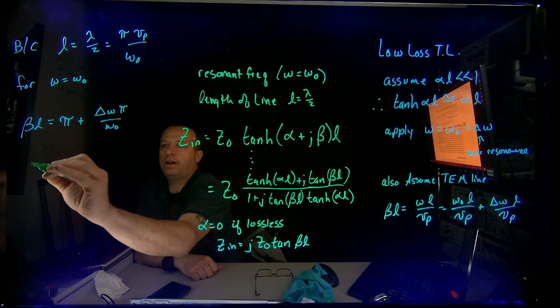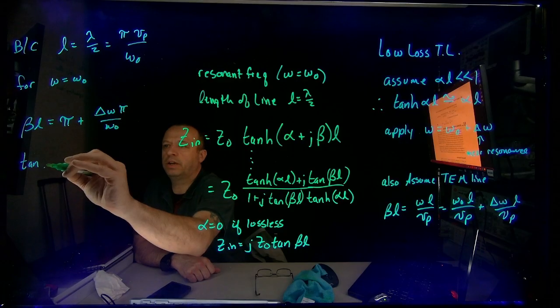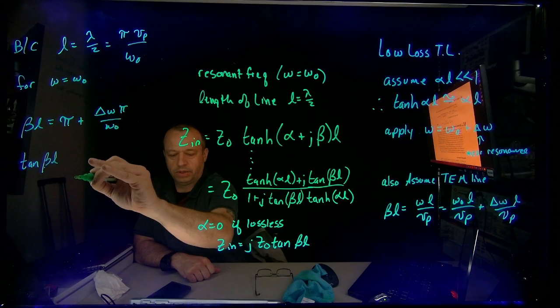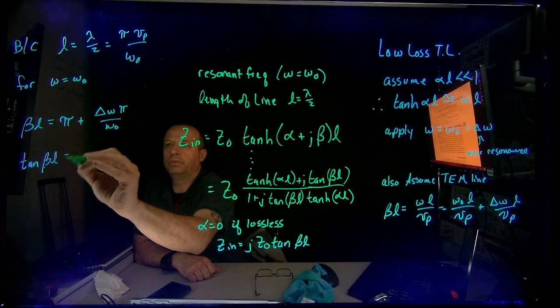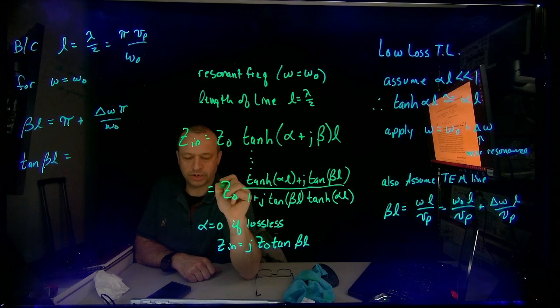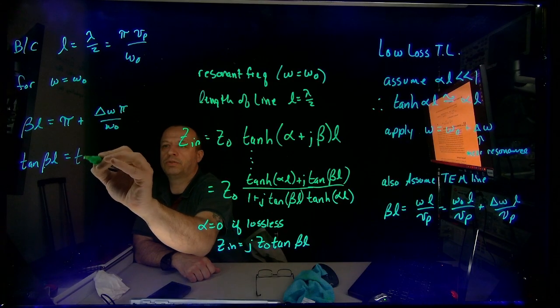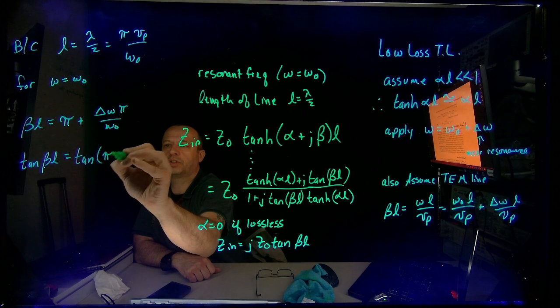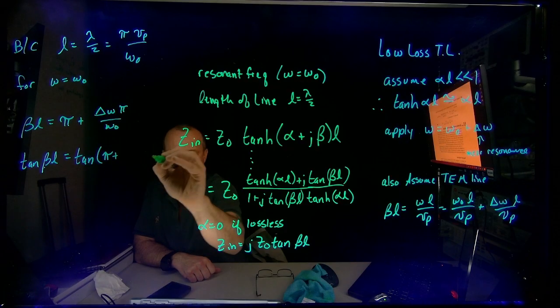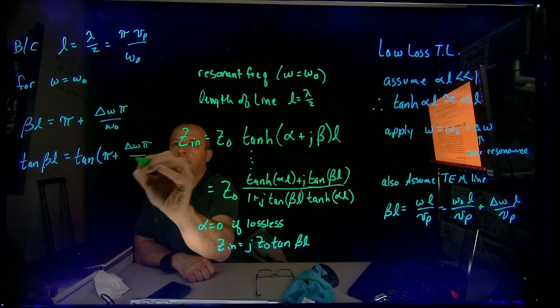All right, now we're also going to state that tangent of beta L is then equal to, we're going to take this and put it inside the tangent. I'm going to do this real quick: tangent of pi plus delta omega pi over omega naught.